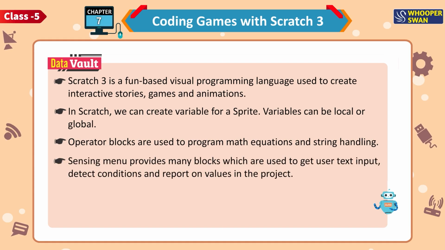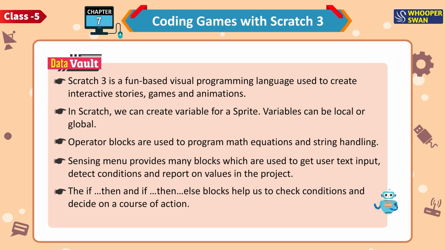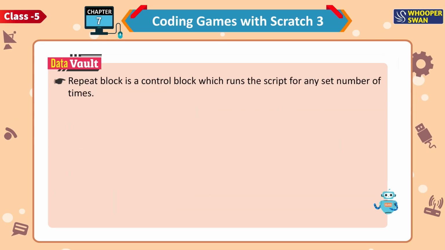The Sensing menu provides many blocks which are used to get user text input, detect conditions and report on values in the project. The if then and if then else blocks help us to check conditions and decide on a course of action. Repeat block is a control block which runs the script for any set number of times.